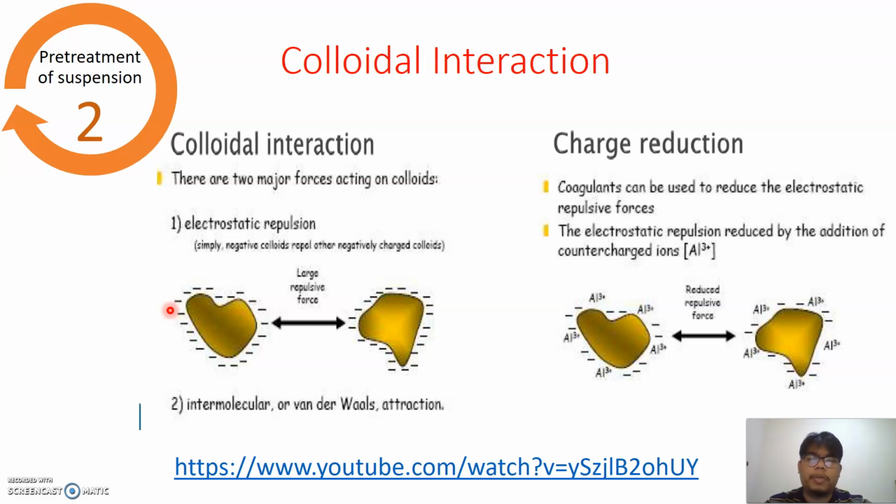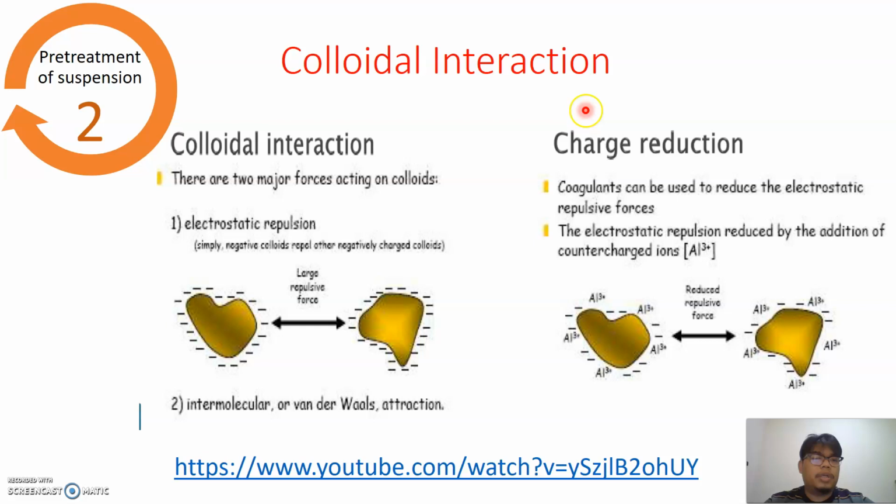For electrostatic repulsion, for example, once we have a negative charge, the particles will repel each other. It is like a magnet: negative and negative charges repel each other. So certainly aggregation is not possible.